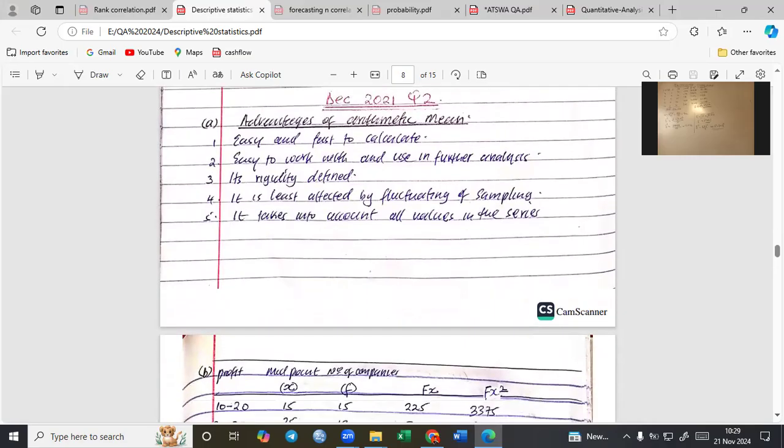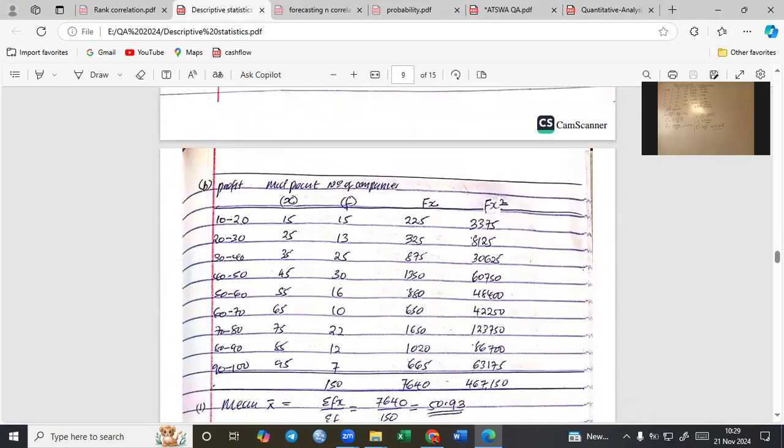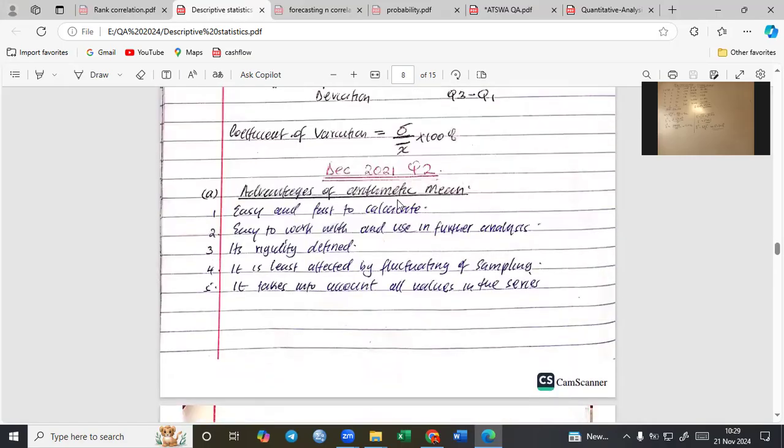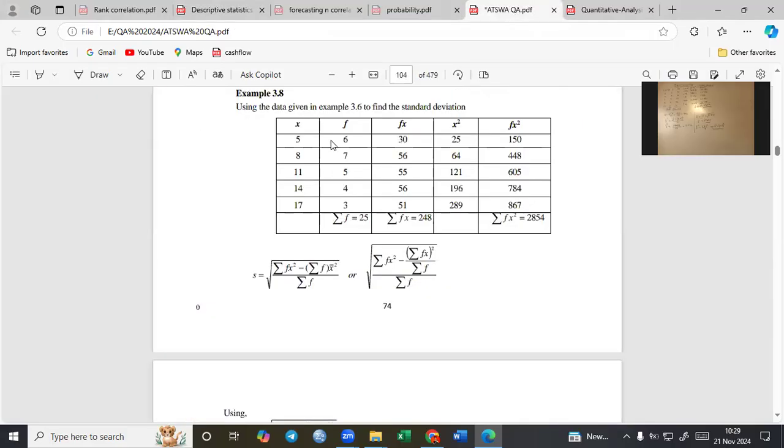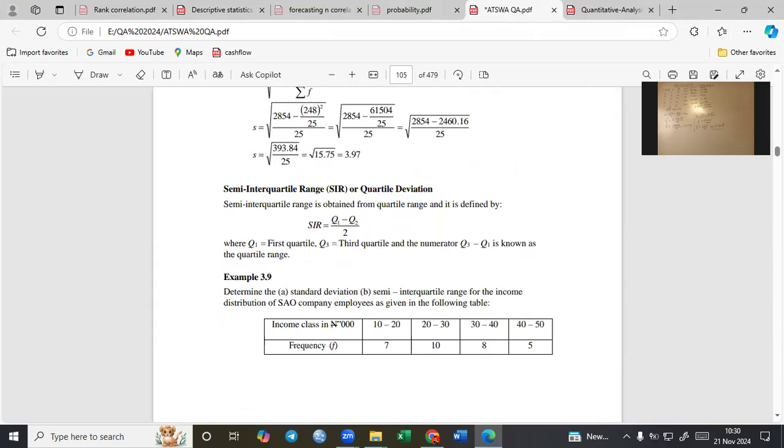So if you have the PDF, I have sent it in the group. There is this question from which sitting? December 2021. Let's start with this one. December 2021, question number 2. But before we go to that question, let's go back to our PDF. I want to do this question on the board using that formula.